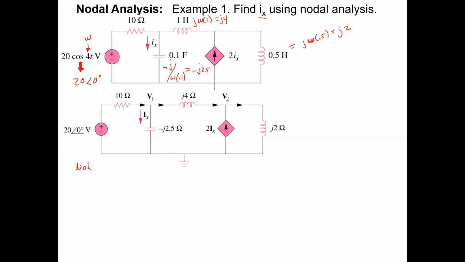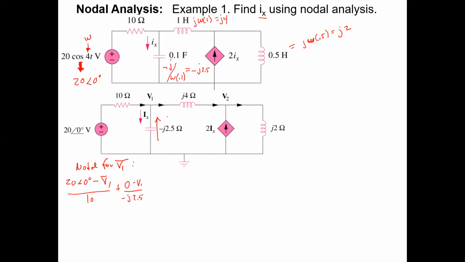So we do nodal for V1. At the V1 node, remember, the currents going into that node are going to add up to 0. So we're going to say 20 angle 0 minus V1 over 10 is that current going through there, plus 0 minus V1 over minus j2.5, that's the current going up.